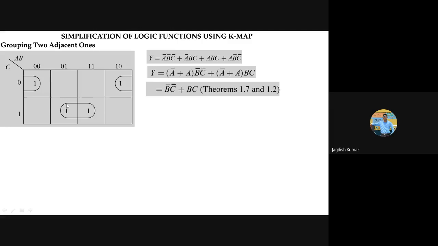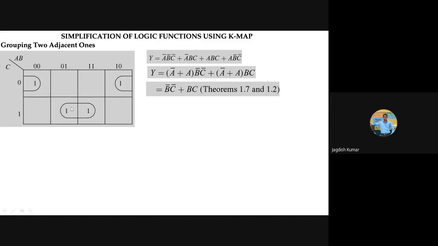When we go from this cell to this cell, which variable changes? Now you need to pay attention. Right here it was A complement B, and this is AB. So what is changing while I go from here to here? A is changing, isn't it? A changes from A complement to A.